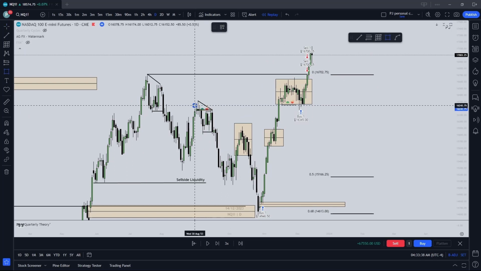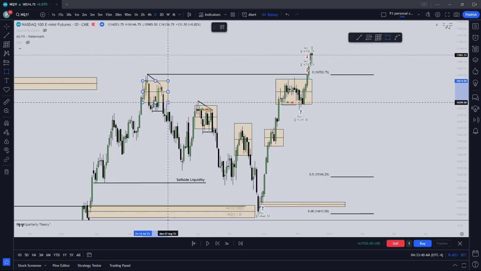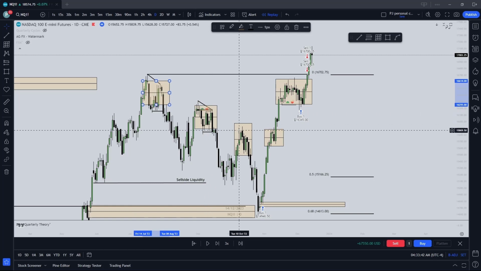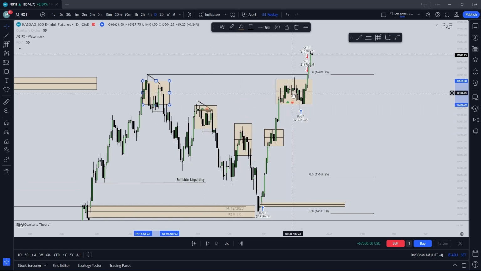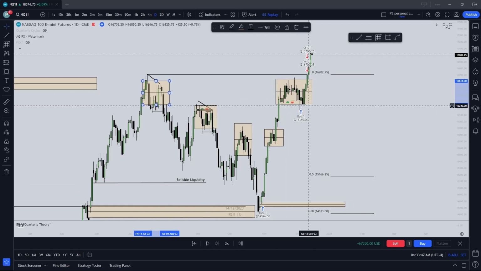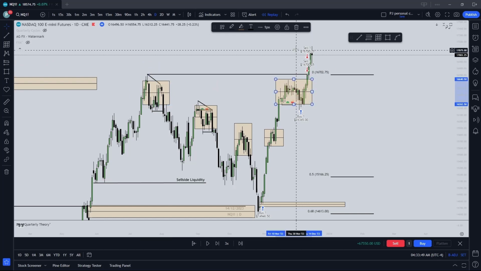Right? 1, 2, 3. 1, second leg, sweep the lows, and finish the market maker buy model.